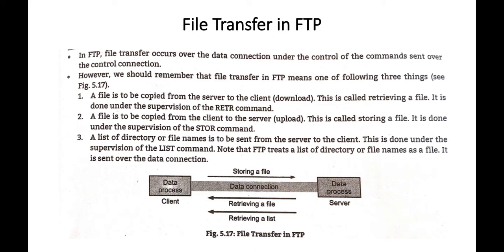A file copied from server to the client is called downloading. This process is called retrieving a file, and it is done under the supervision of the retr command. If the client wants to download some file, the client sends a retr command to the server. The server accepts that request, and in response it also sends some commands.